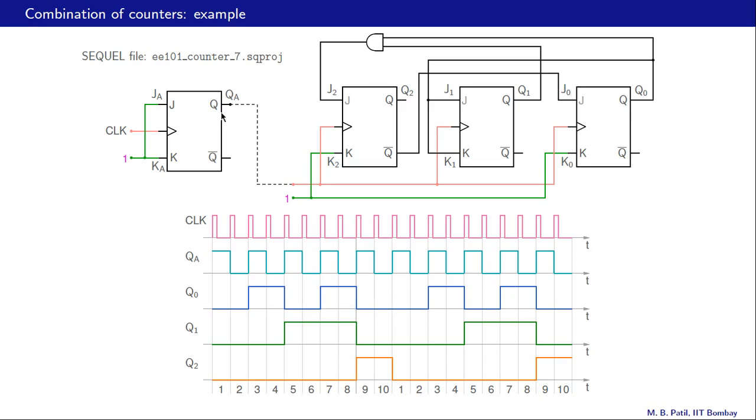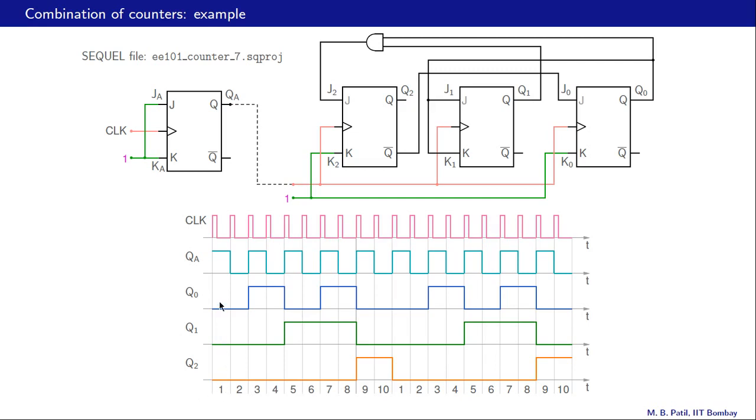And now let us verify that the modulus of the combined counter is indeed 2 times 5, that is 10. Here are the waveforms. The output of the first counter has been renamed as QA now, and that is what it looks like. With every clock pulse it toggles, and these are the outputs coming from the second counter, Q0, Q1 and Q2.